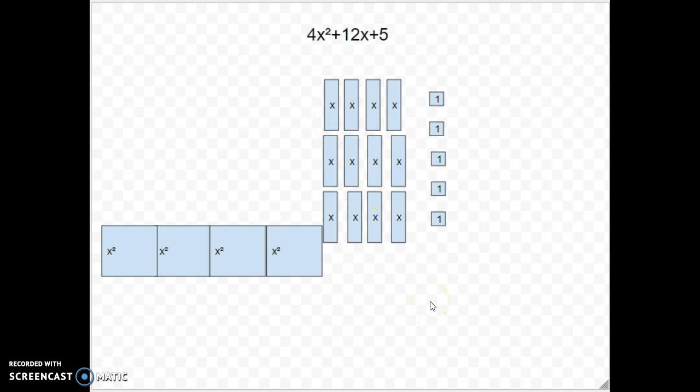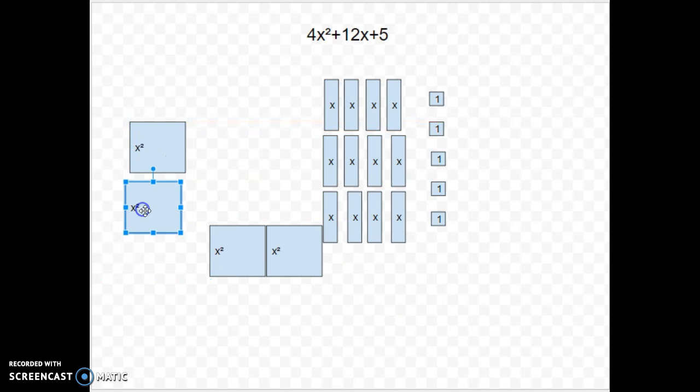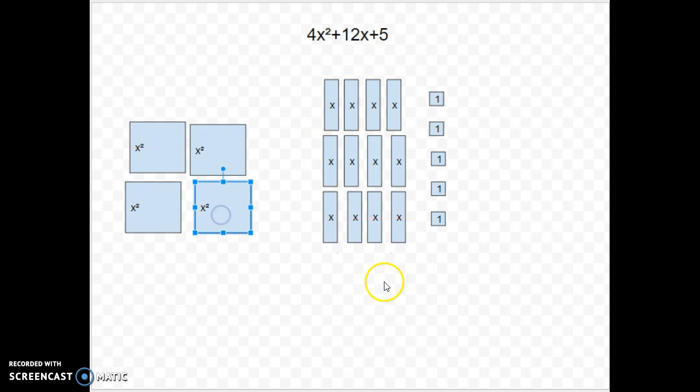If you just keep going and using other blocks, there's so many different options. So a good trick is to always start with the x squared blocks and the 1 blocks, and then fill in the remaining space with the rest of these x blocks.